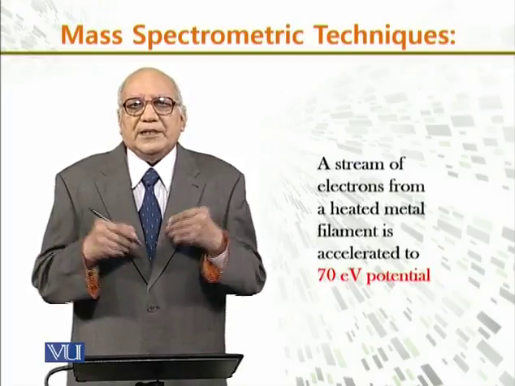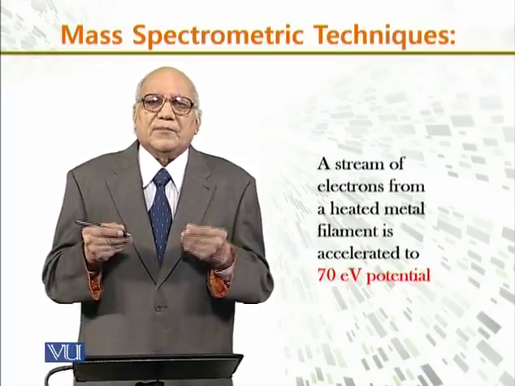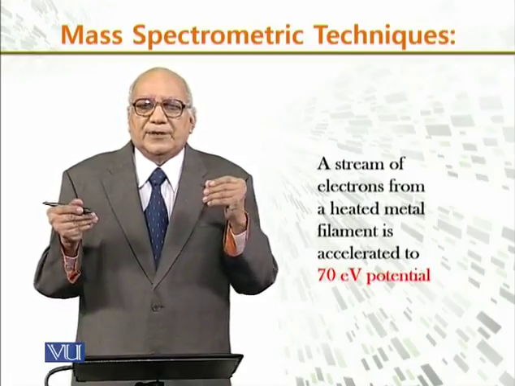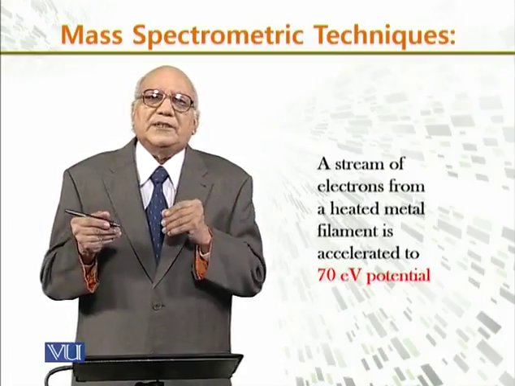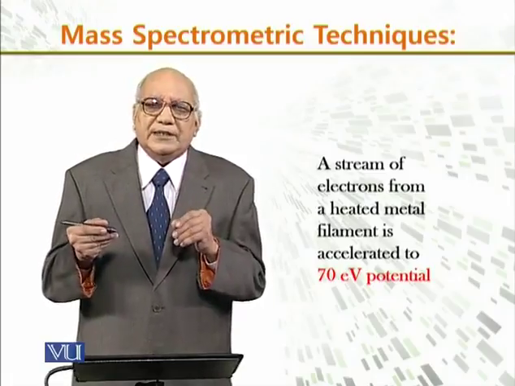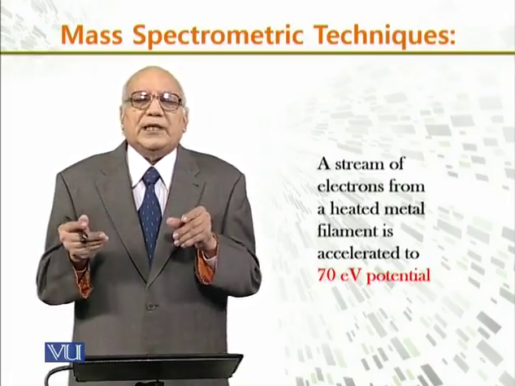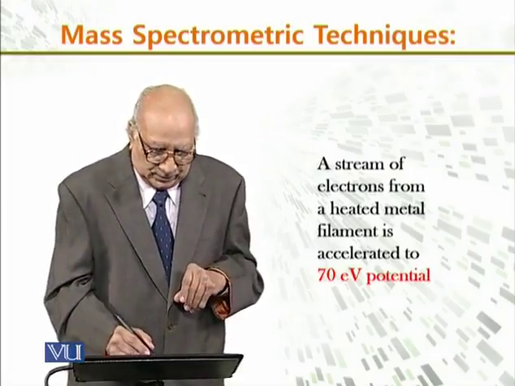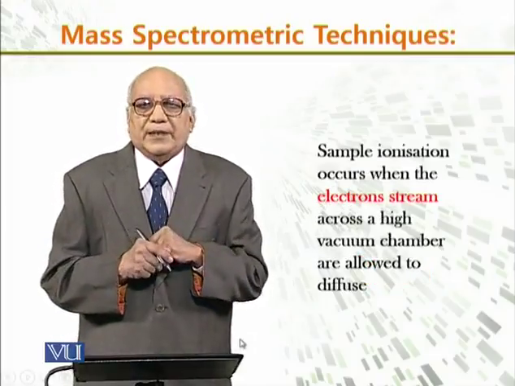So what happens? A stream of electrons from a heated metal filament is accelerated to produce a 70 electron volt potential, to generate the electron impact.